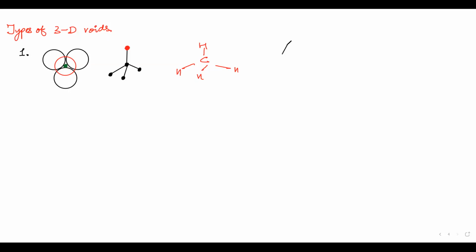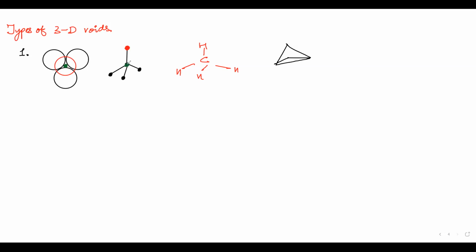In trigonal pyramidal, you have a shape like this. Now, if you are doing that, that means you are just considering this much. What about this atom, right? You can make a trigonal pyramid if you consider only how many atoms? Only 4 atoms, right? So we have here 4 atoms plus a void. So that is what you have to consider. That is the void here.